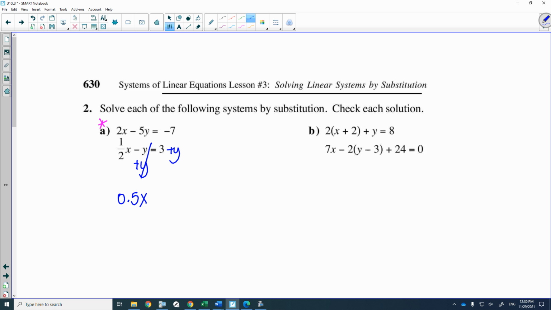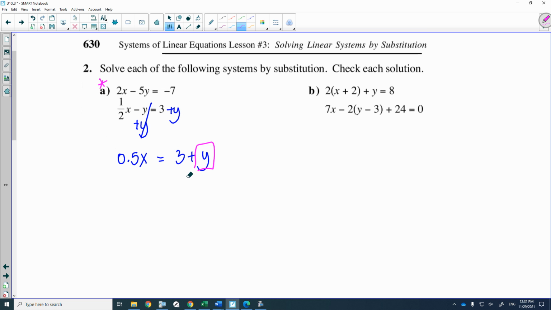So then I got 0.5x is equal to 3 plus y. And this is what I want by itself. Y is now positive. I just have to get rid of that 3 by subtracting 3 from both sides. And then I have y by itself, and it is equal to 0.5x minus 3. That's what y is.